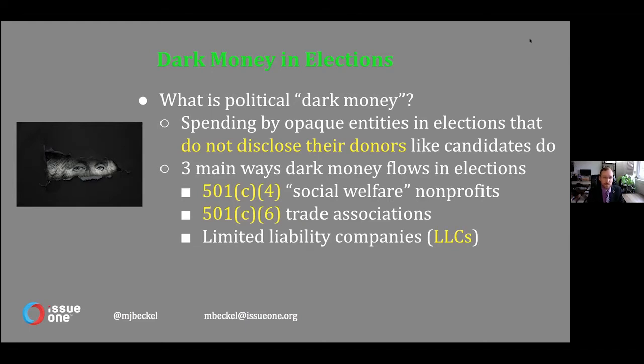And we've also seen a proliferation of spending by certain business entities. Limited liability companies in certain states in particular are basically black boxes. Think Delaware, for instance, and there can be dark money flowing through those, either by making expenditures for political ads themselves or by giving money to a super PAC.